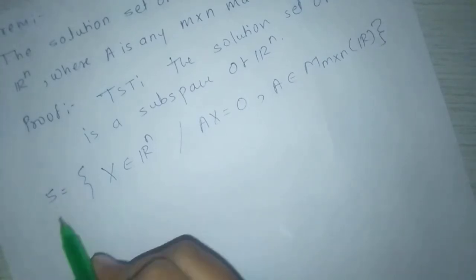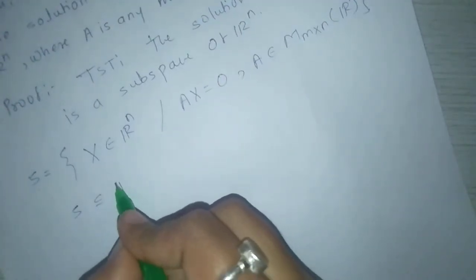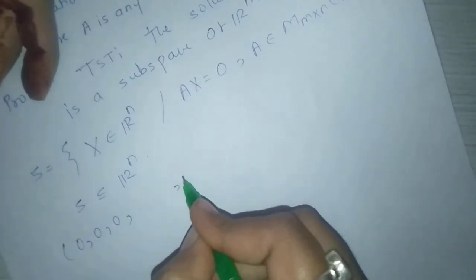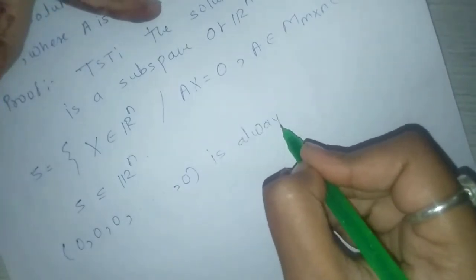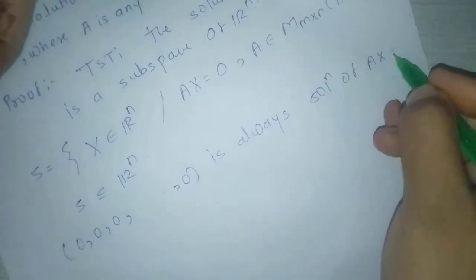Here S is the solution set. Solution set means the values of x. S is a subset of Rn. First condition is satisfied. Now to show that the 0 element belongs to S, we know that (0, 0, 0 and so on, 0 n times) is always a solution of A times x equal to 0.